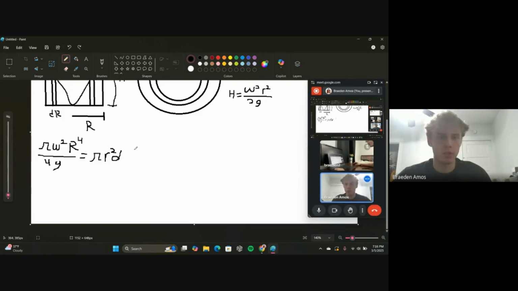I erased some stuff to give myself more space, and now we're going to solve this for d, so we can cross out this pi. So we'll end up with d equal to omega squared r squared over 4g, because 2 of the exponents cancel out.